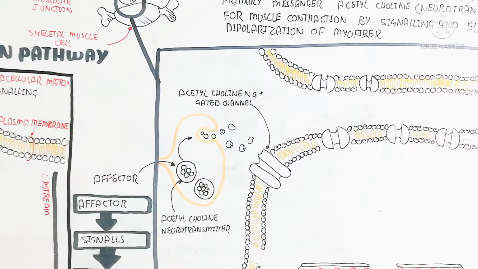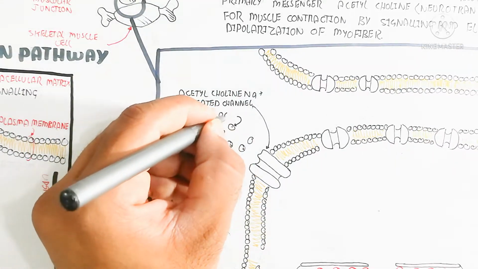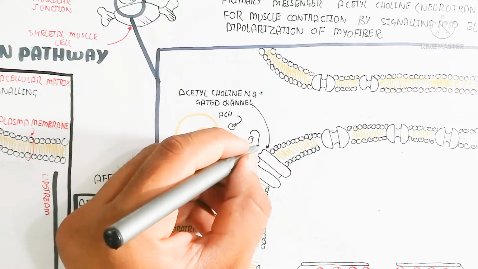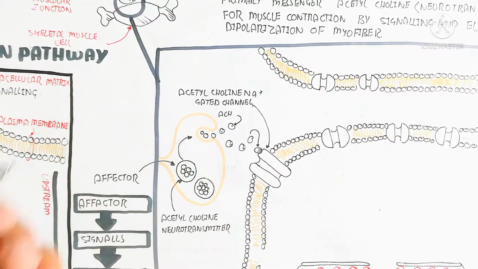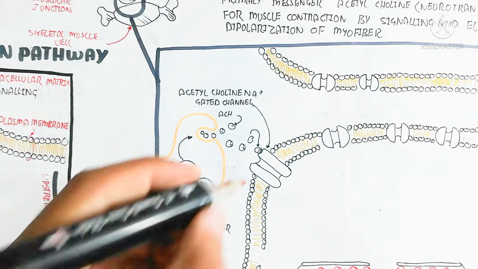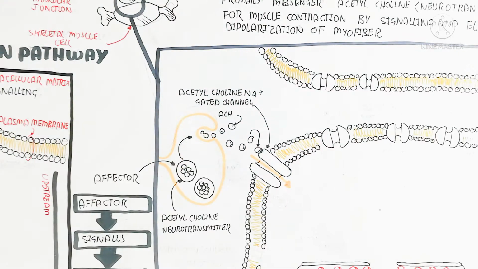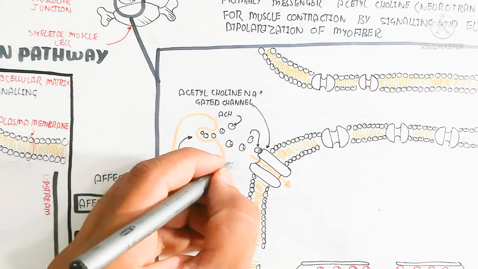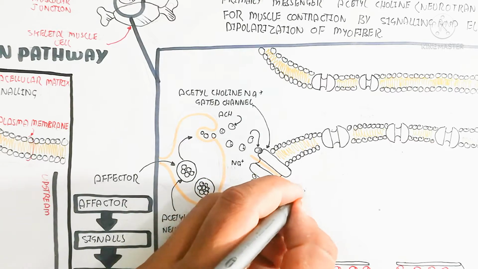This acetylcholine will be bound when the sodium gated channel opens. After the opening of the sodium gated channel due to the acetylcholine dependent channel, this will lead to an influx of sodium and depolarization of the inner and outer cytoplasmic membrane.